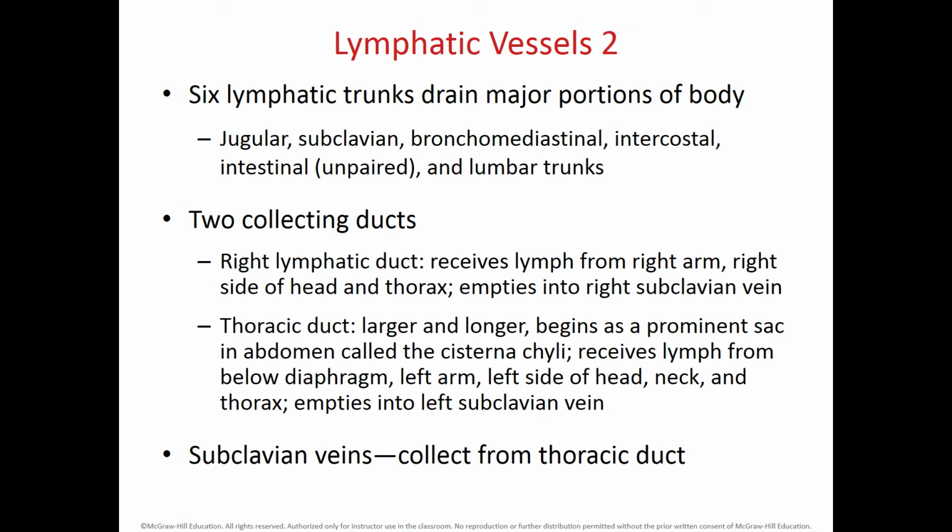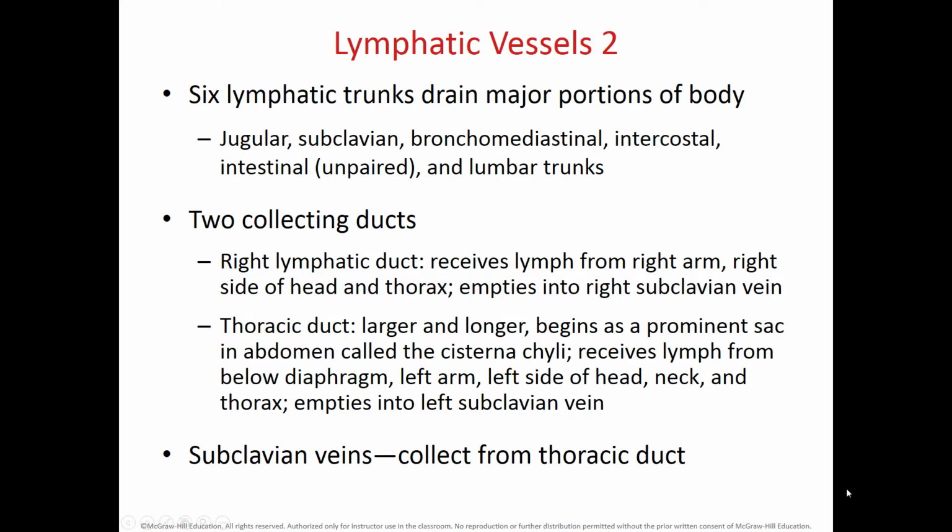While the thoracic duct is the largest duct that we have, because it drains basically everything below the diaphragm and everything on the left side of the body above the diaphragm, including of course the arm, and the left side of the head and the neck.